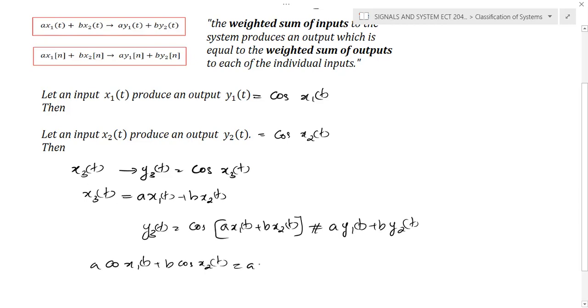That is a y1 of t plus b y2 of t. And the given equation is not in this particular format because this is cos of a plus b, which is not equal to cos a plus cos b. So the given equation is not satisfying the linearity property, so we can conclude that the given system is non-linear.